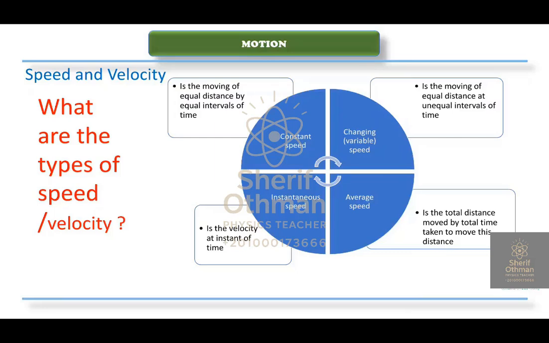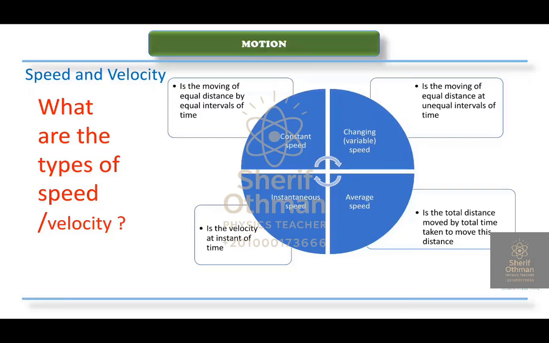And the distance between my home and the school is 20 kilometers. So by dividing 20 kilometers over the total time, which is half an hour, 20 over half will be 40, which means I was moving with an average speed equal to 40 kilometers per hour.